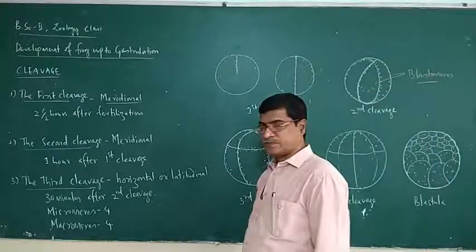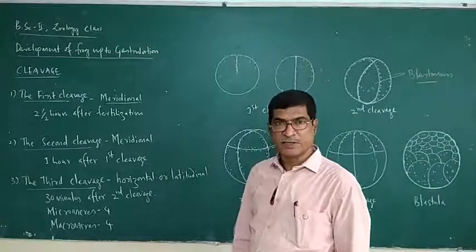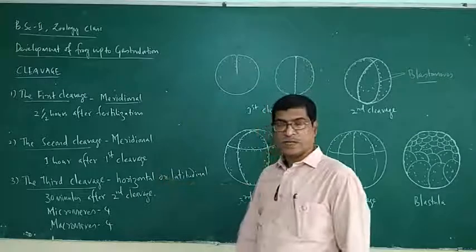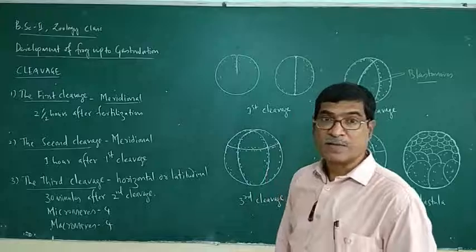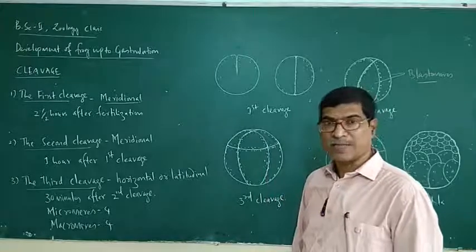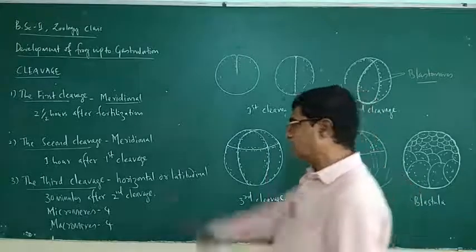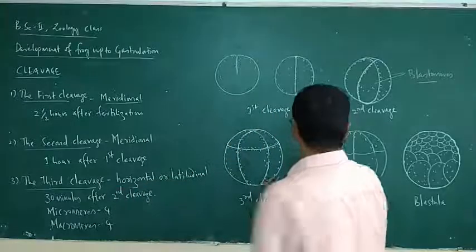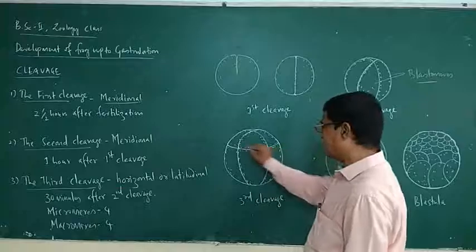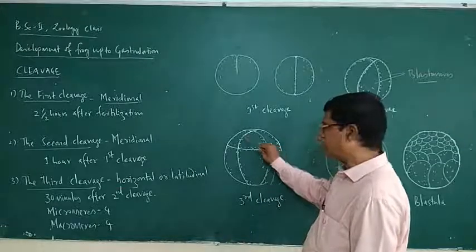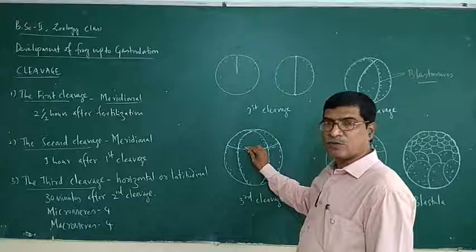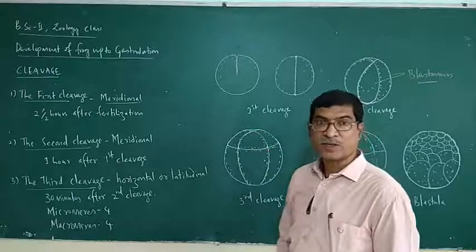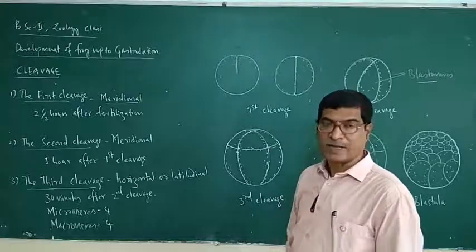Next, third cleavage. Yes, the third cleavage is also holoblastic, but at the end of the third cleavage, unequal sized blastomeres are formed. The third cleavage plane is horizontal or latitudinal, but perpendicular, at right angles to the meridional planes.